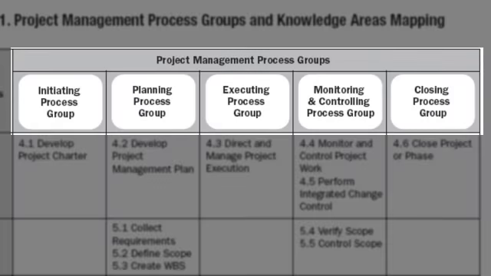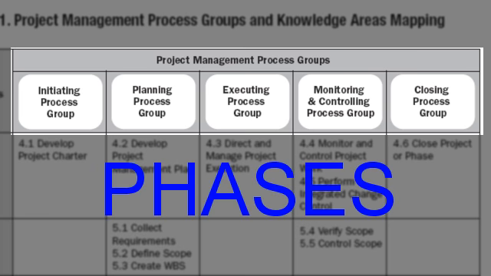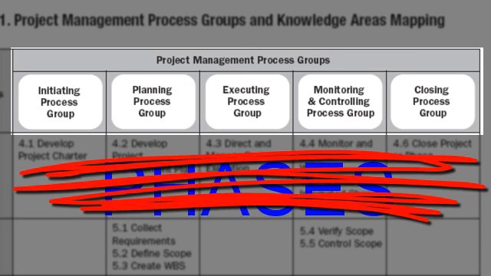The 5 process groups are Initiating Process Group, Planning Process Group, Executing Process Group, Monitoring and Controlling Process Group, and finally, Closing Process Group. It's very important to remember that these 5 process groups are not the same as project phases.